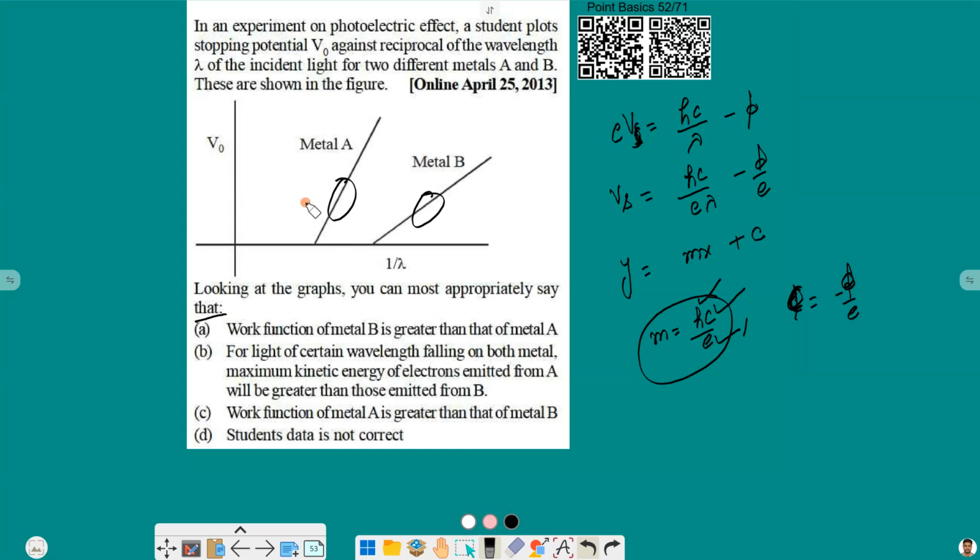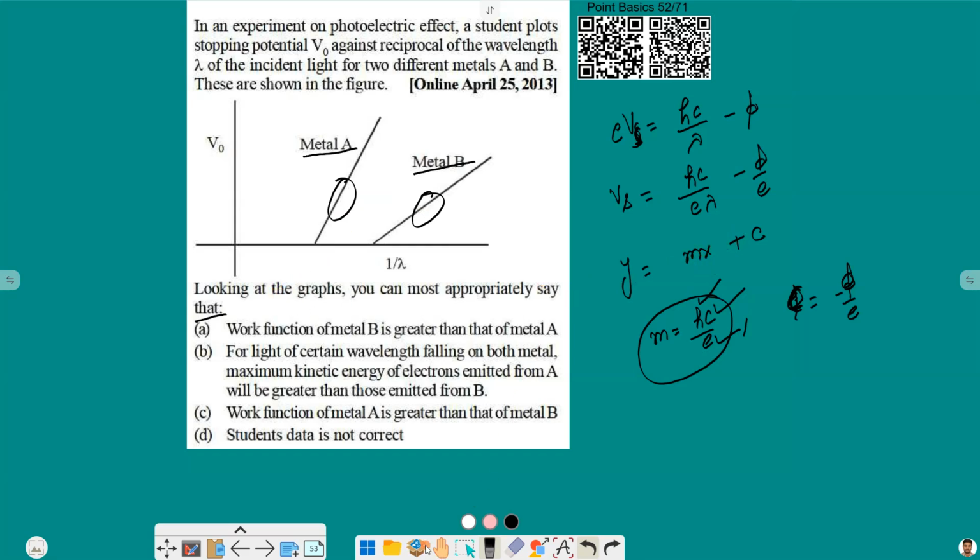So either the data for A is wrong, or the data for B is wrong, or the data for both of them might be wrong. We are not sure. So let's see the options. Work function of metal B is greater than metal A. We cannot conclude that, because for that we will need their intercepts.